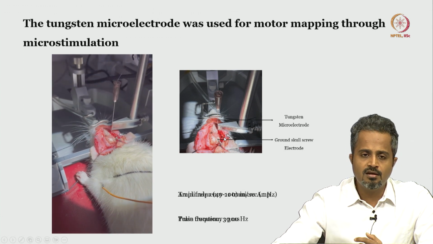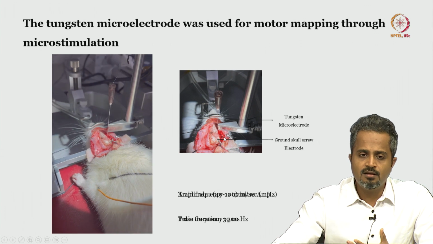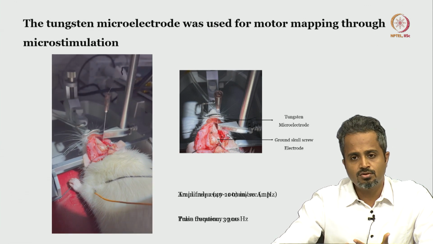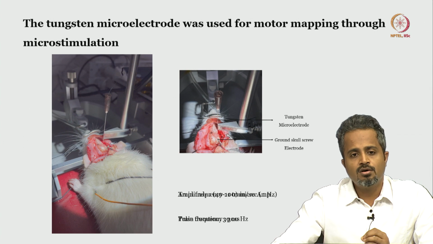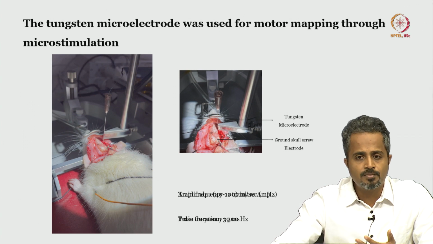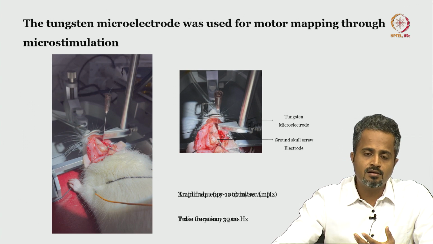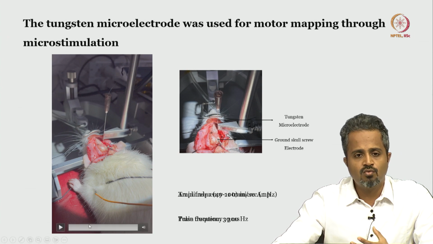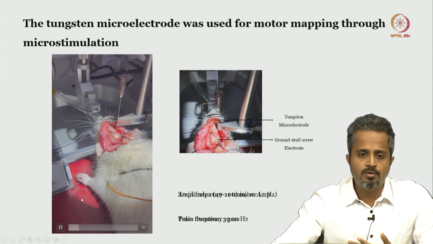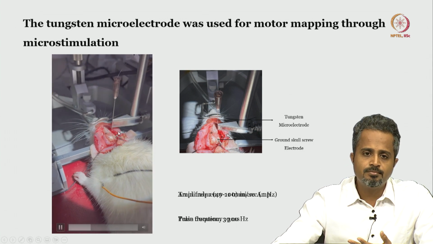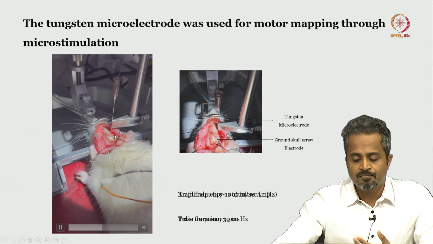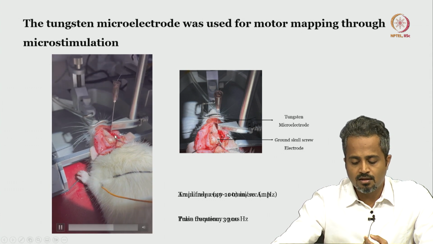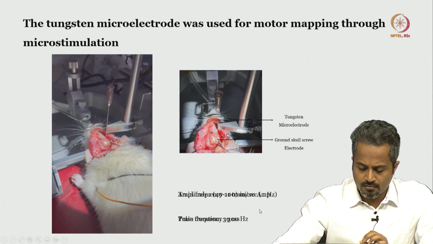But before we begin, if your study wants to make sure that your drug delivery cannula or a fiber optic probe, or even a microelectrode has to hit the motor cortex, this is one way of doing it. Before you leave a final probe in, you implant the tungsten microelectrode.